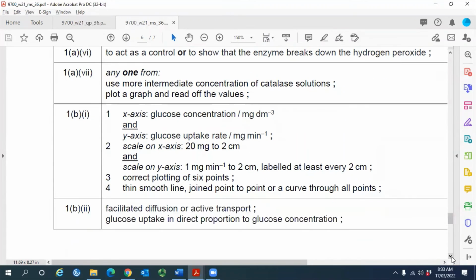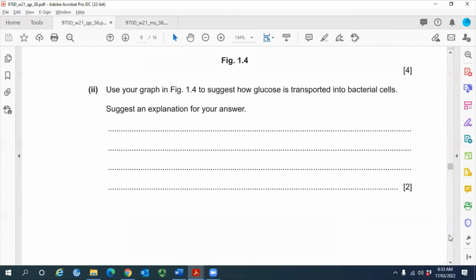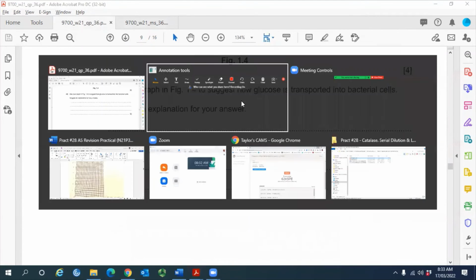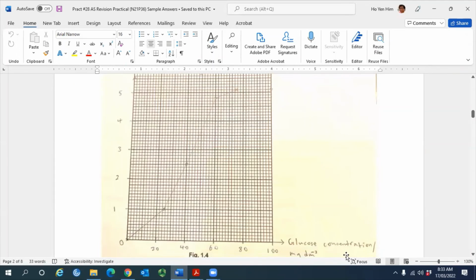Okay, so next question. Use your graph to suggest how glucose is transported into bacterial cells and suggest an explanation for your answer. So let's look at the graph. The graph shows that as the concentration of glucose increases, the rate of uptake of glucose increases.